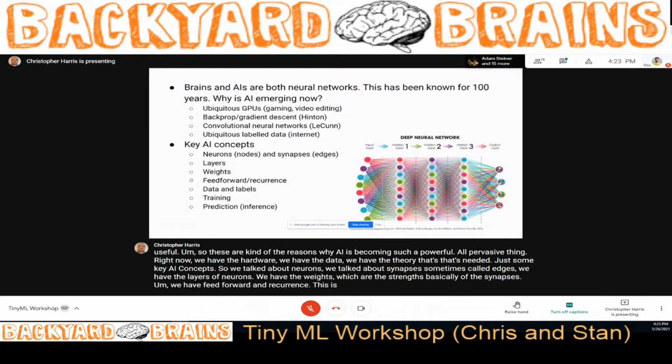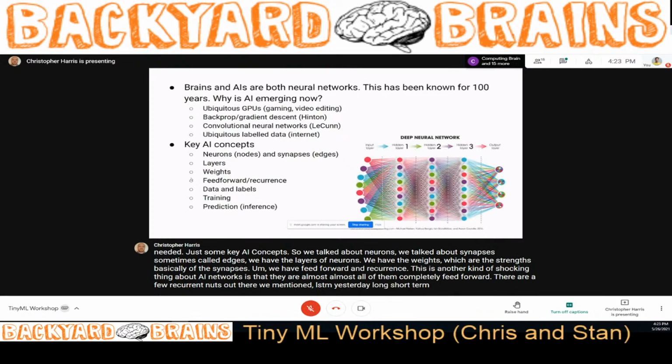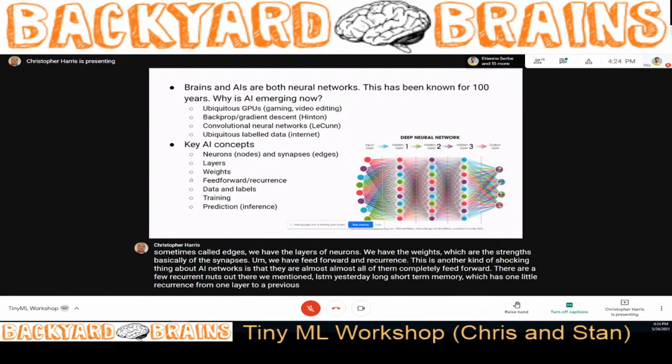This is another kind of shocking thing about AI networks, is that almost all of them are completely feed-forward. There are a few recurrent nets out there. We mentioned LSTM yesterday, long short-term memory, which has one little recurrence from one layer to a previous layer. It's a very small recurrence.